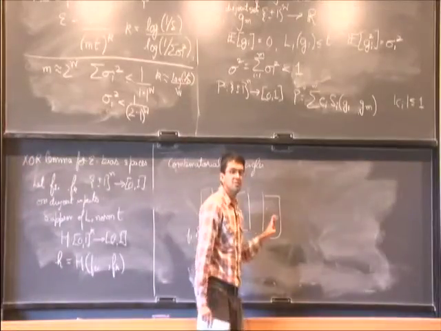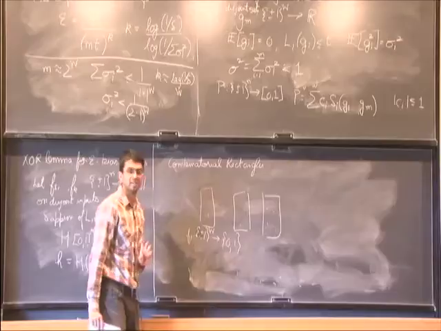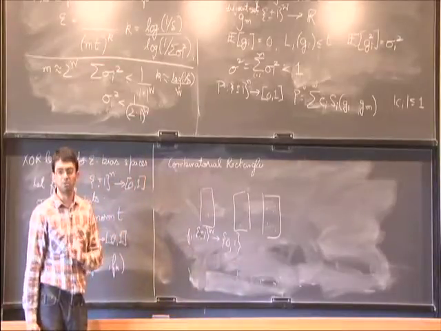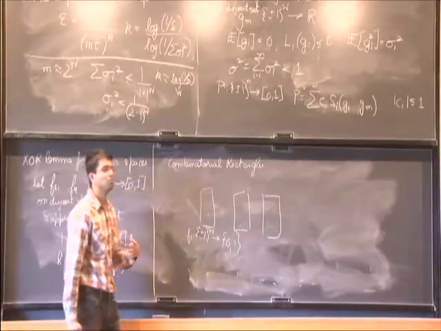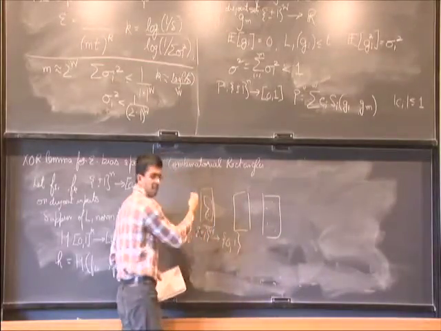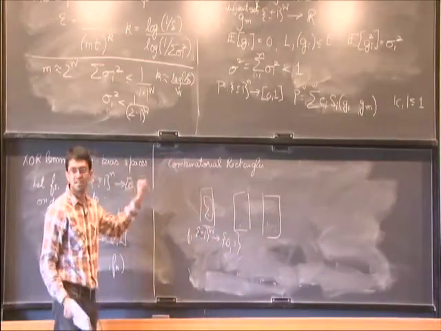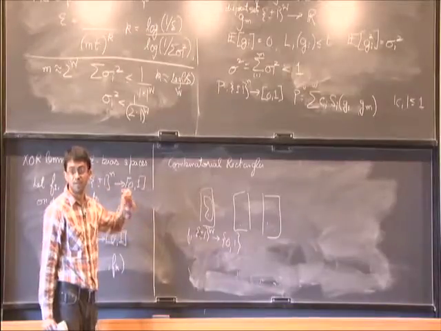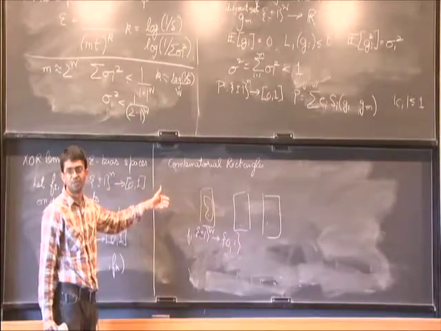So I want the universe size to shrink from 2 to the w to something like 2 to the w over 2. And I'll do it in the most obvious way possible. I'll just subsample a set of points here of cardinality 2 to the w over 2. And I'll subsample with repetition, right?